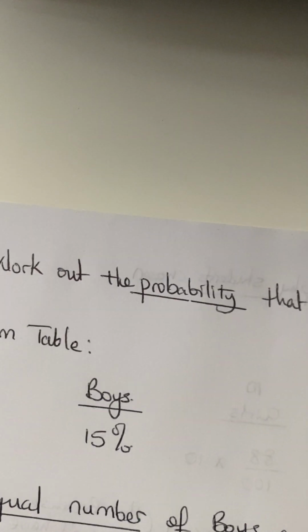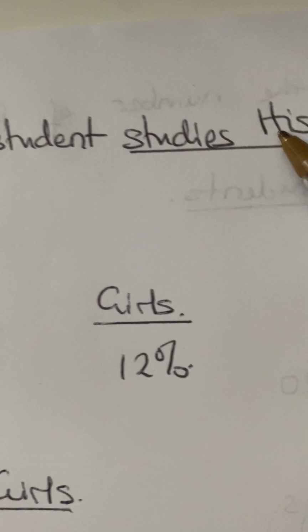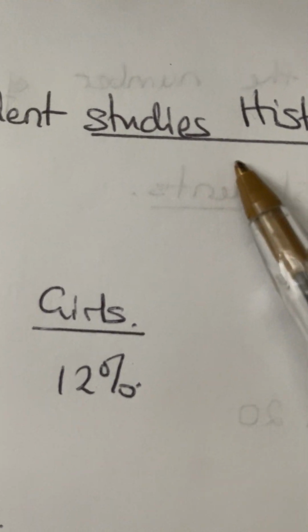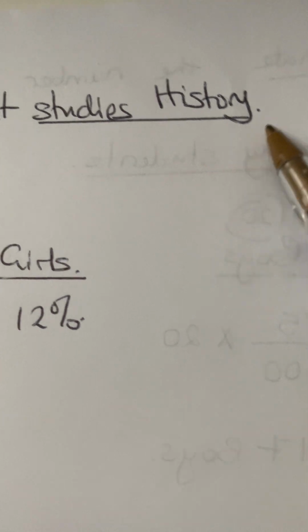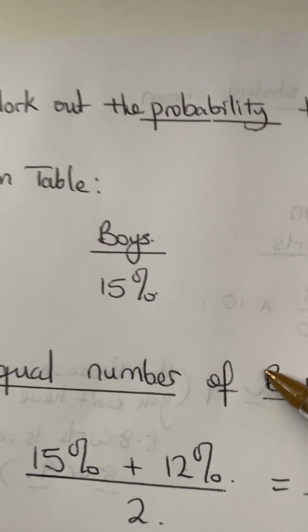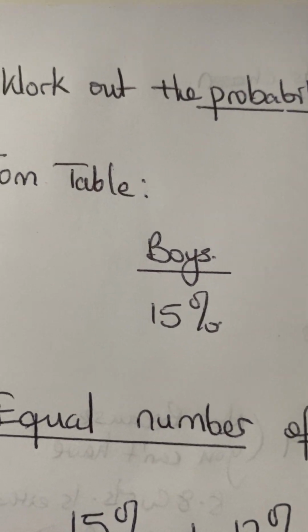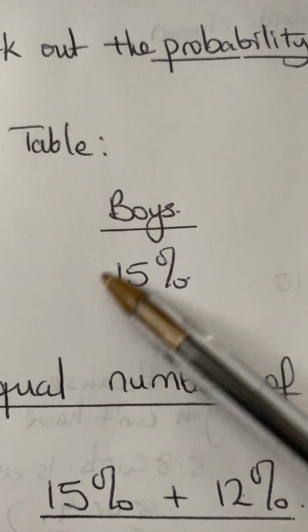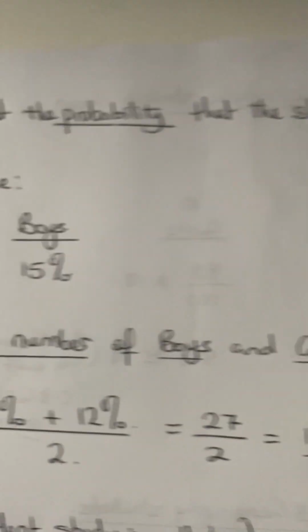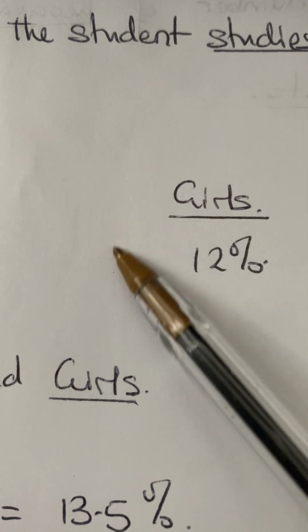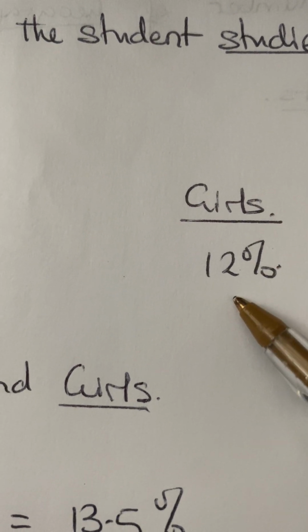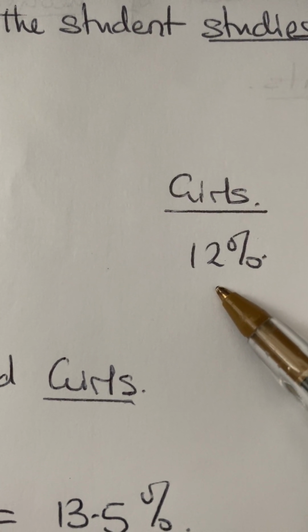Now, work out the probability that the student studies history. That is, if there are equal numbers of boys and girls. Now, the percentage of boys who study history is 15%. The percentage of girls who study history is 12%.